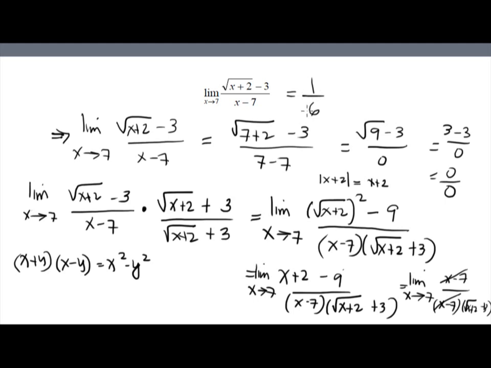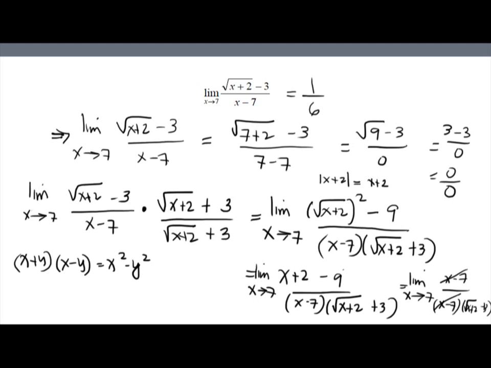Now what I want you to take note of here is that every time you find the limit, your first option is the substitution method. In most cases, the substitution method will work. You will get a number. But if the value after using the substitution method is 0 over 0, then you have to simplify the expression, and then after simplifying, you apply the substitution method.